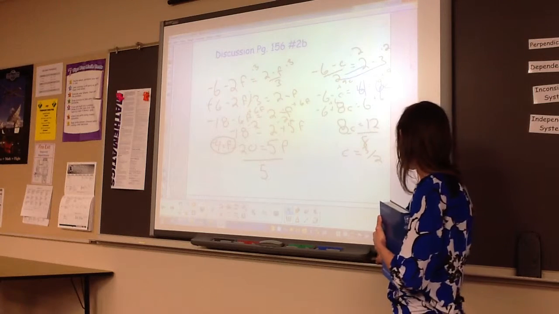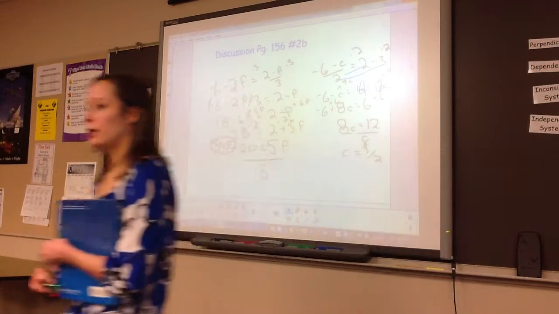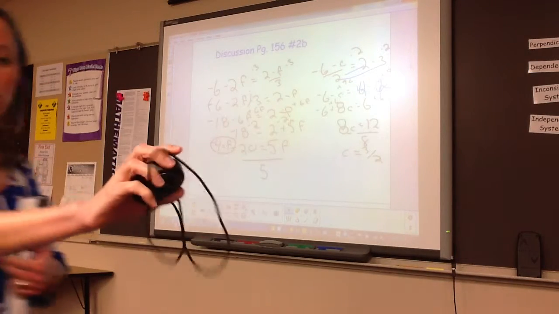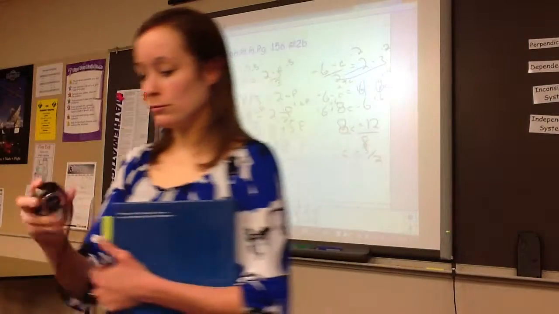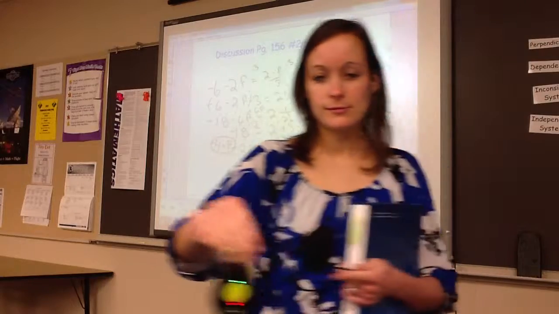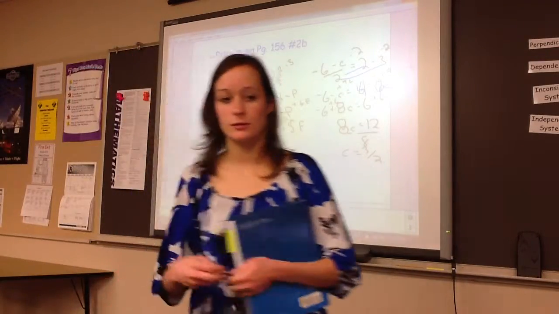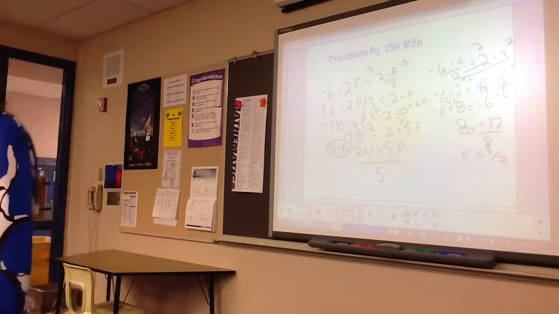Okay, what could you have done to get that other answer? All right. What did you do to get another answer? I just solved it so that c was what we were trying to find out, and then I just put it into my formula.